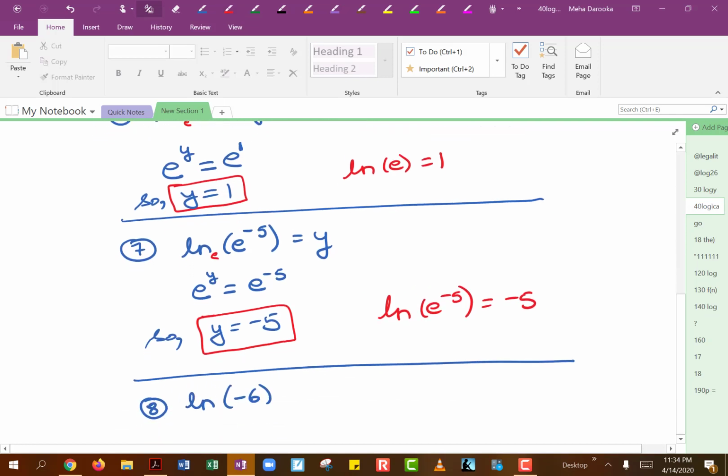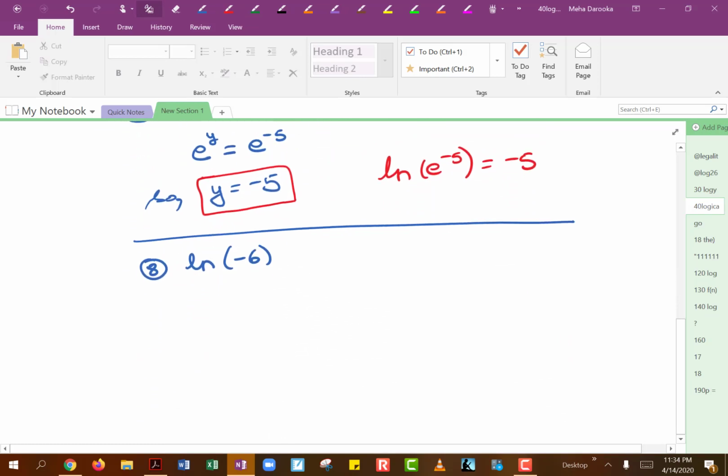Alrighty, and then that brings us to this last one here, which is natural log of negative 6. Now, natural log of -6, again, if you try to think about it, we know this is base e. They didn't really tell us, but you can think it equals y. So you are saying e to the power of y equals -6.